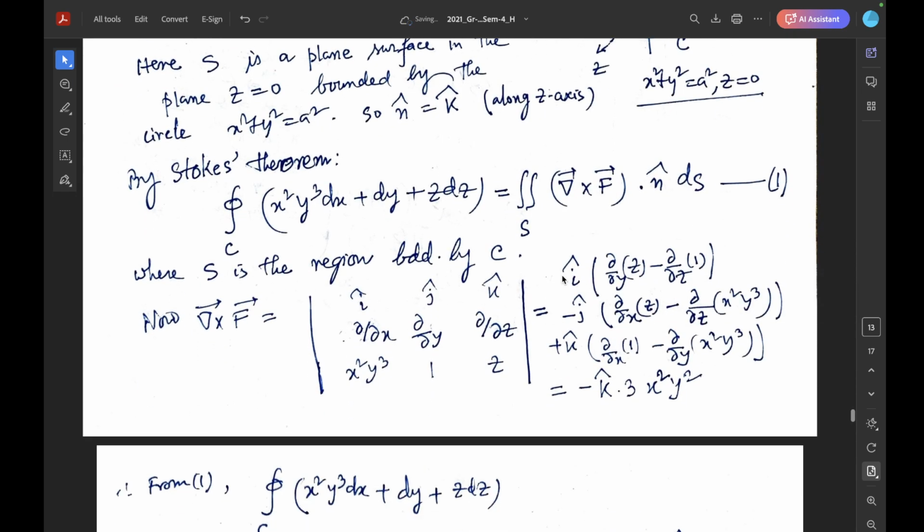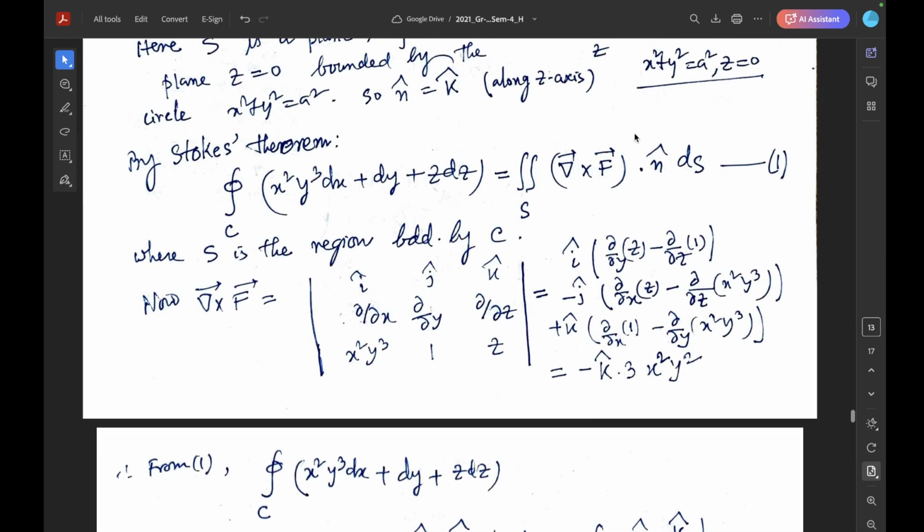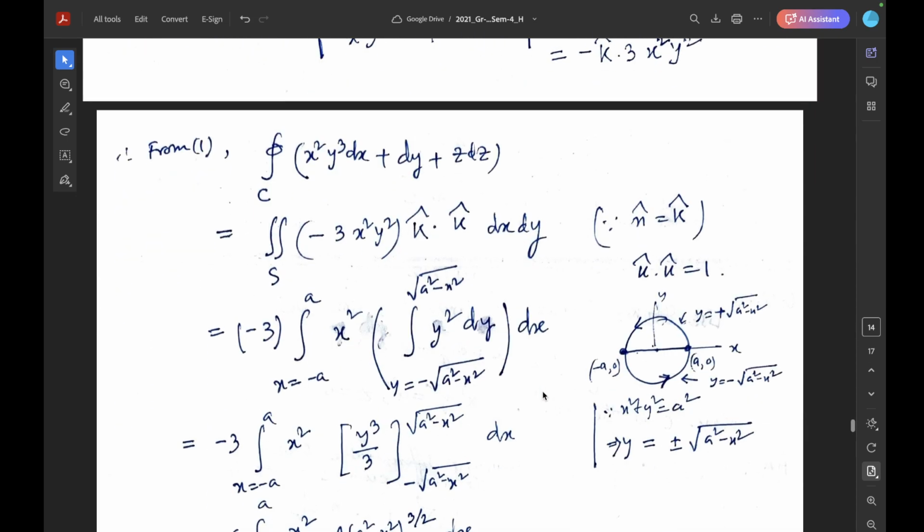Now curl f equal to minus 3x square y square k cap, and since n cap is k cap, k cap into k cap equal to 1. Now for the circle x square plus y square equal to a square, the limits of y are plus minus square root of a square minus x square: plus for the upper portion of the circle and minus for the lower portion.